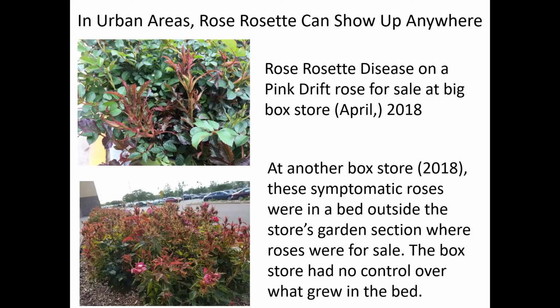So mites were going to move back and forth very readily. There were roses for sale not 15 feet away. The box store turned out to have no control over those beds.